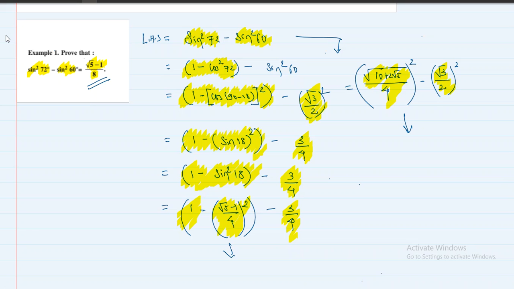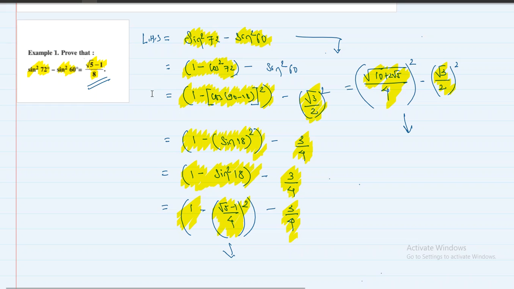Either you can directly substitute the values of sin 72 and sin 60 in this equation and solve it and get the answer. If not, then you can do one more thing. You can convert sin square 72 in terms of sin 18 or cos 18 if you can, and then put its value and solve it.